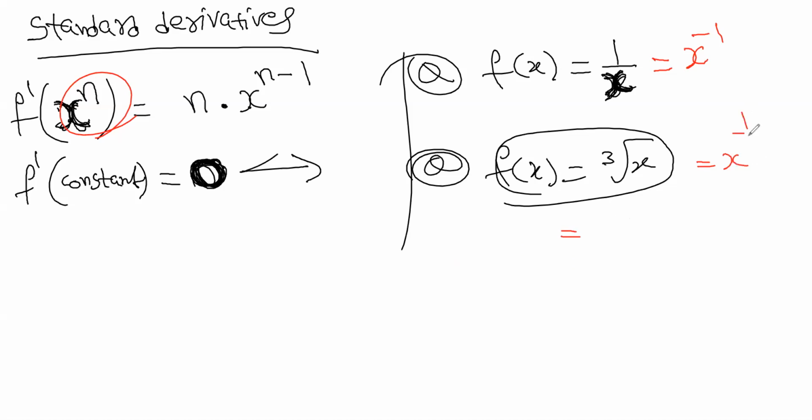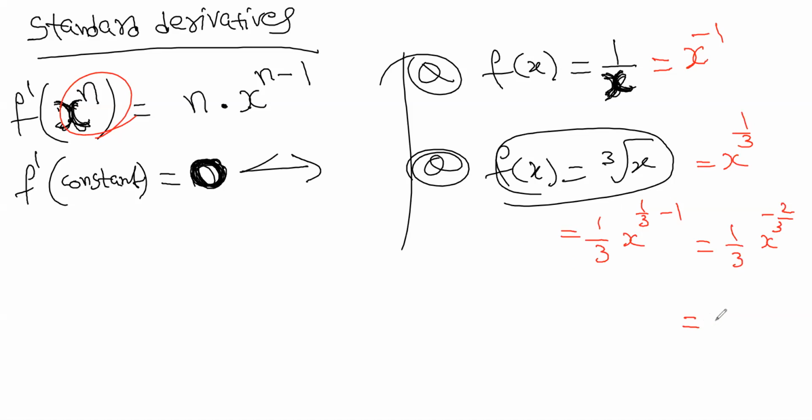x to the power 1 by 3. That is the cube root, right? Then by the formula, 1 by 3 x to the power 1 by 3 minus 1, which is 1 by 3 x to the power minus 2 by 3.